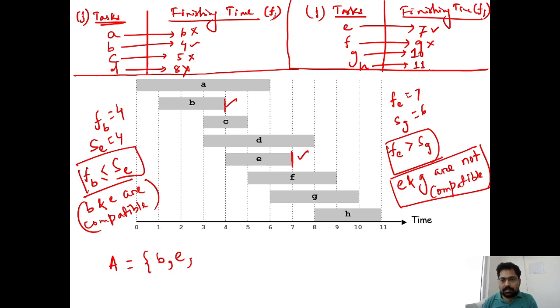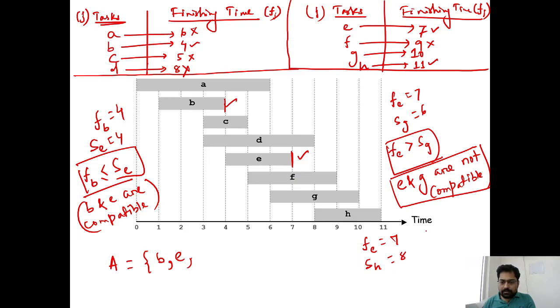Okay, so next is 11. H will be 11, so we have to check whether they are compatible or not. Yes, they are compatible. To check the compatibility, f of E is 7, and s of H is 8.